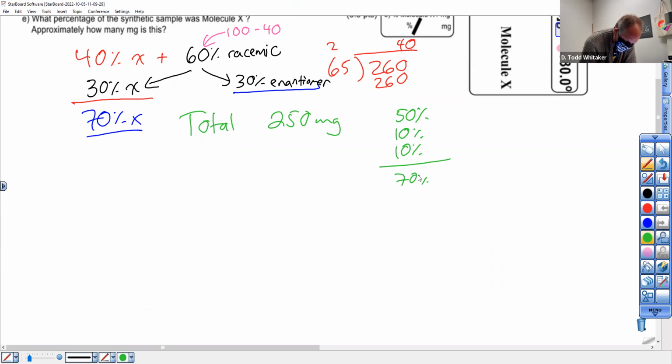What's 50% of 250? 125. What's 10% of 250? That's why I like these numbers. Add them up, you get 200. Final answers, 200 milligrams, 70% X.